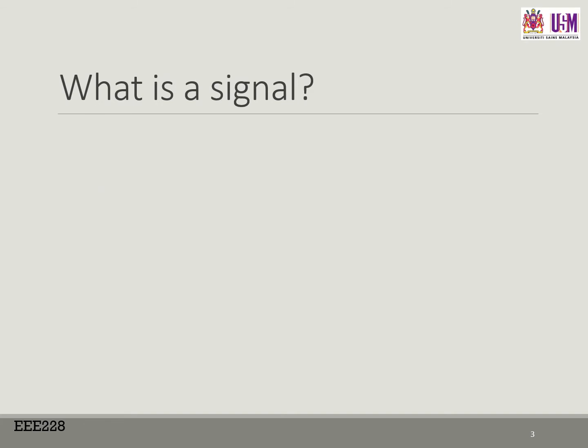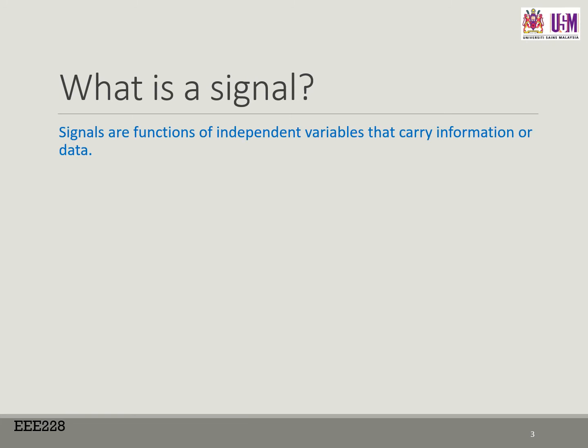Okay, let's start with some basic definitions. What is a signal? Signals are functions. Functions of independent variables that carry information or data. Signals are everywhere. You can't deny that. Simple examples: telephone signals, electric signals, the voltages and currents in circuits are signals.